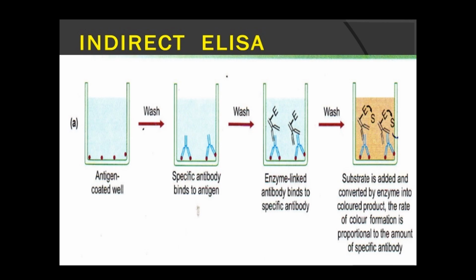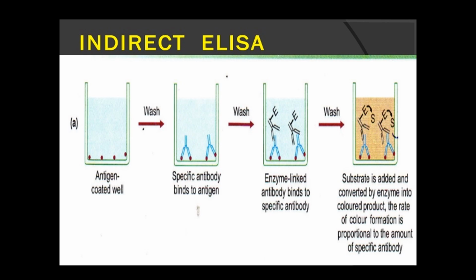In the procedure, we need an antigen-coated well, specific to the antibody we are detecting. After having this antigen-coated well, we add the patient's plasma with the specific antibody, which is going to bind.